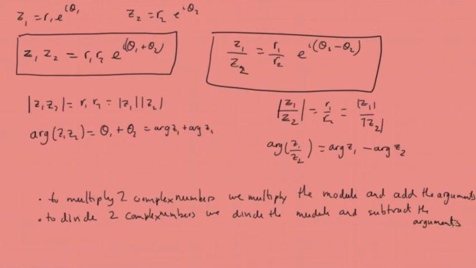Okay, so we're going to look at one more example. So we've got complex numbers u, which is 9 plus 12i, and w, which is minus 5 minus 3i. I want to find the modulus and argument of uw and u over w.